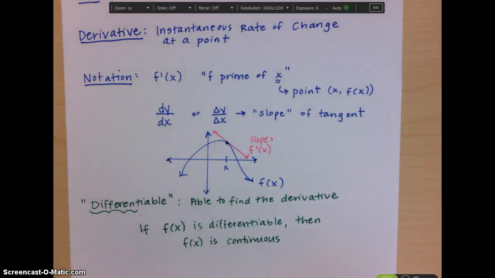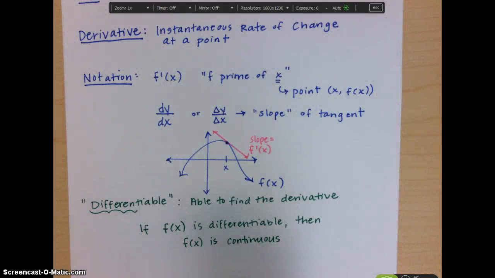So if we are able to find the derivative of a function at a certain point, then we're saying that that function is continuous at that point. You have to be really careful not to switch that around to say that if it's continuous, then it's differentiable, because that's not always true. There are cases where that will be proven wrong. But we can always say that if it's differentiable, then it must be continuous automatically.